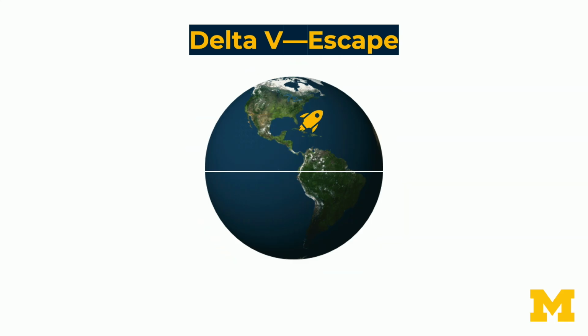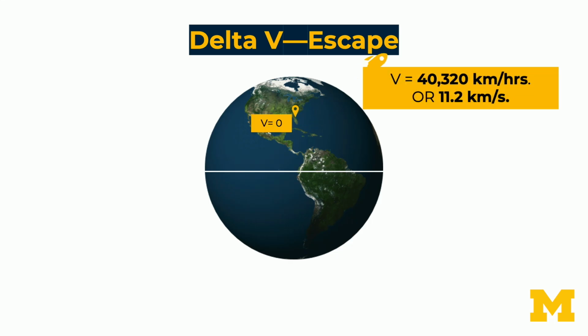Now, let's say that you have a rocket that you want to escape Earth's gravity, and it needs to go to the moon, or it needs to go to Mars or something like that. The first thing it has to do is escape gravity. And the velocity for escaping gravity is equal to 11.2 kilometers per second, or 40,320 kilometers per hour. All right.